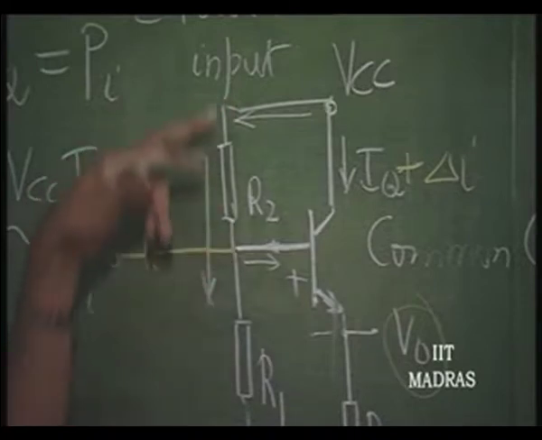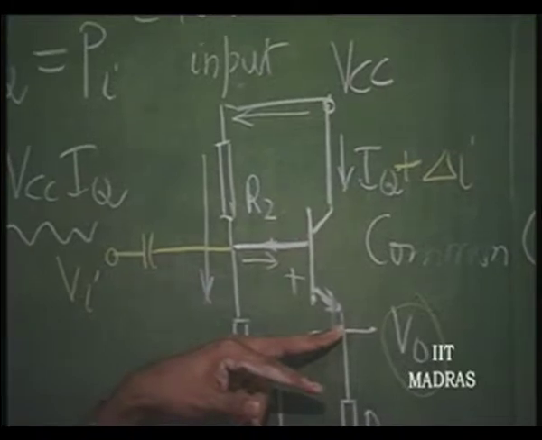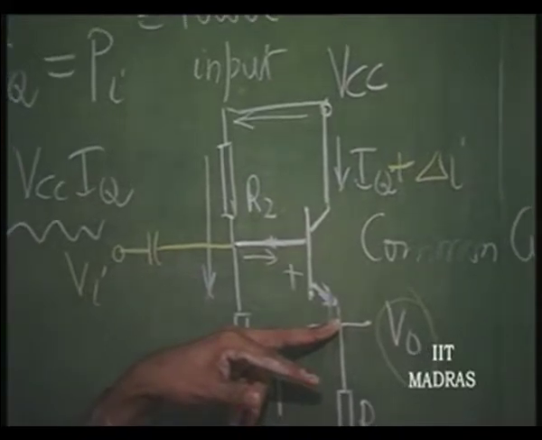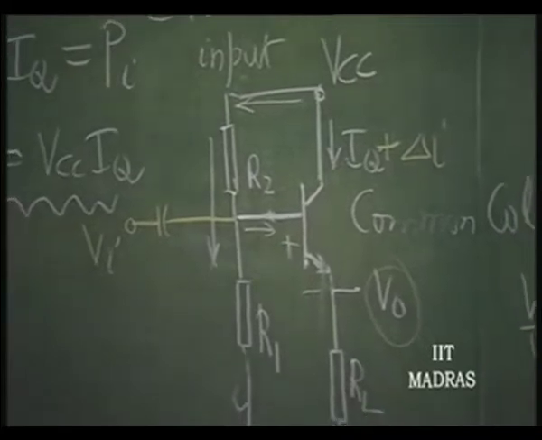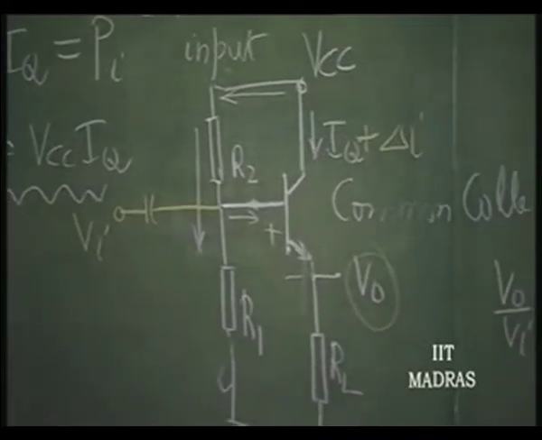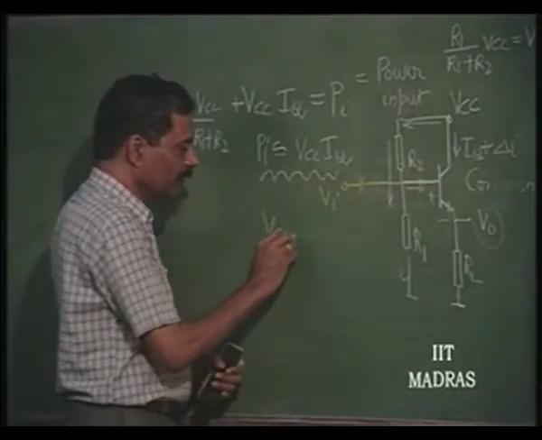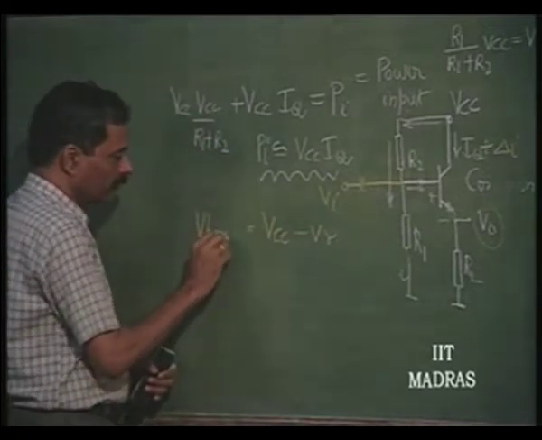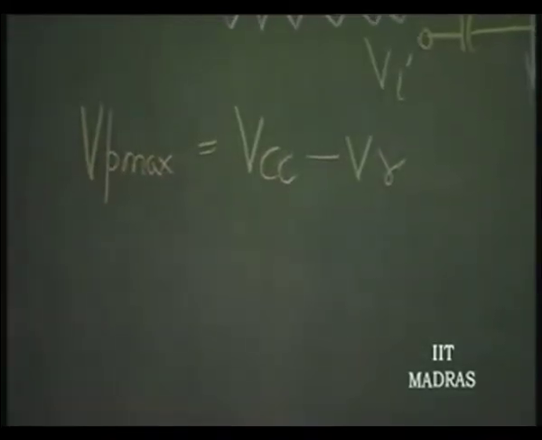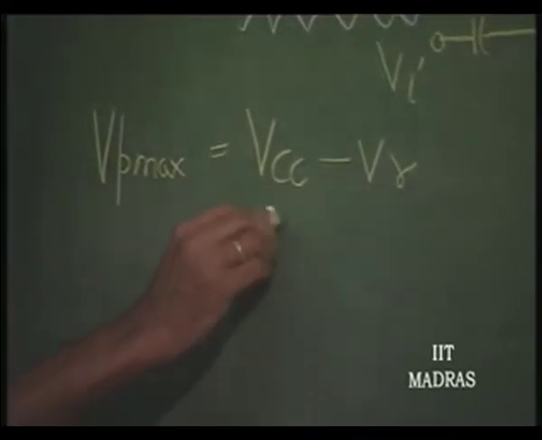If the base voltage goes up to VCC, this voltage can go up to VCC minus V gamma, okay. And therefore, the highest value of V naught can be VCC minus V gamma. If VCC is very large compared to V gamma, this is VCC itself.